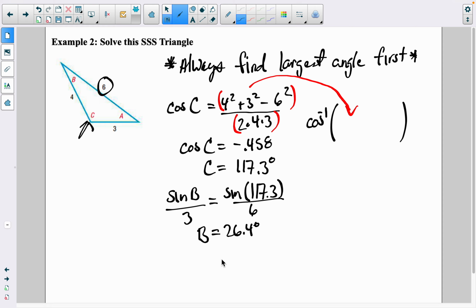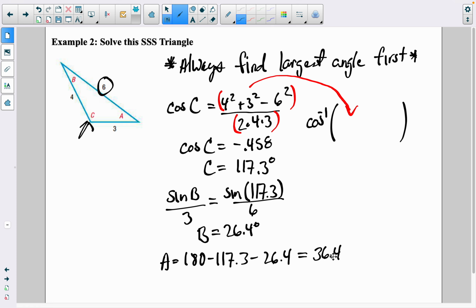And then again, you could use law of sines or law of cosines to find angle A. You could use law of cosines to find angle B. But since I have two angles, angle A will be 180 minus our 117.3 minus our 26.4.